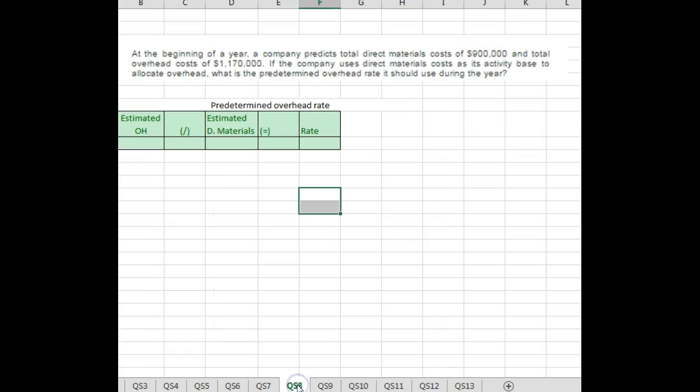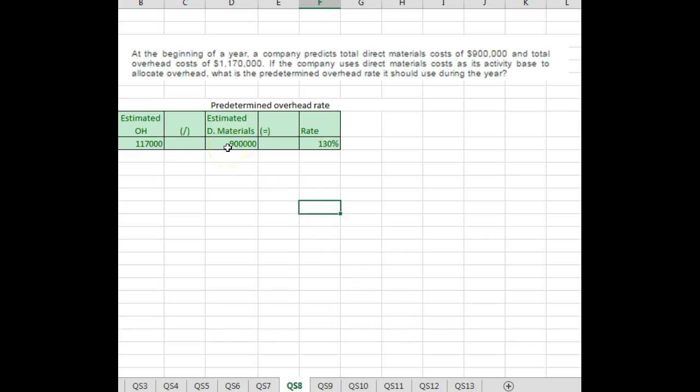So let's go on and do, now this one is asking us to estimate the rate for overhead costs based on direct materials. So our overhead for the year is going to be $1,170,000 divided by direct materials of $900,000 to give us a rate of 130% when we apply that.